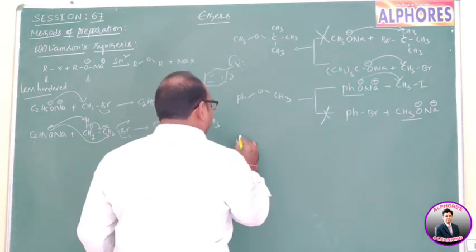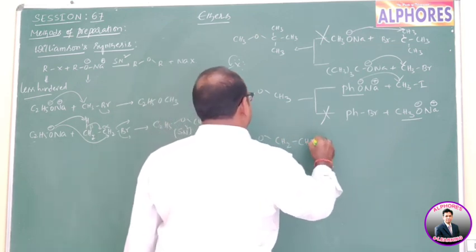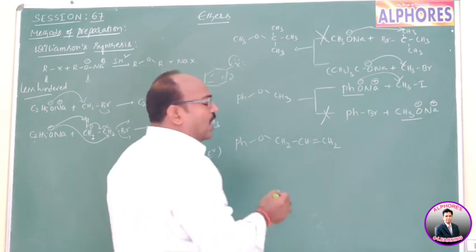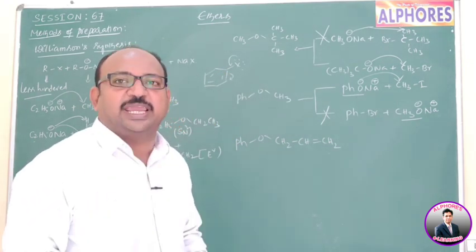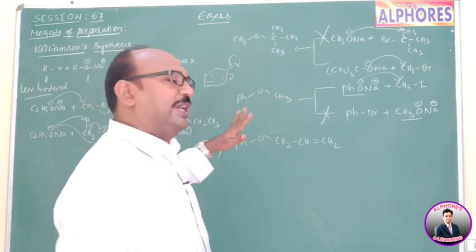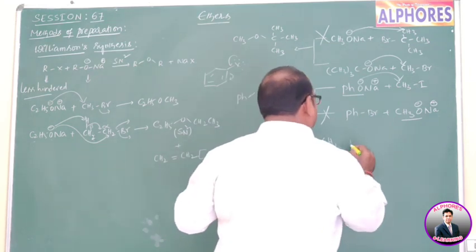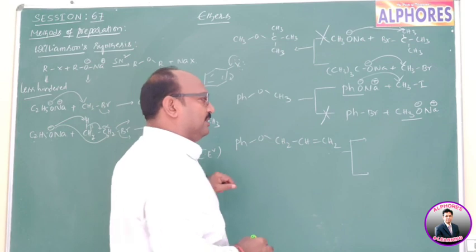Now let us see phenyl allyl ether, C6H5-O-CH2-CH=CH2. How can we prepare it, means by considering which reactants can we prepare this product as a major product? Let us see the possibilities for preparing phenyl allyl ether.